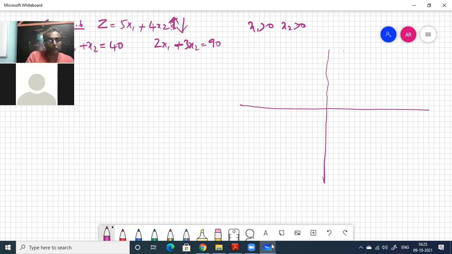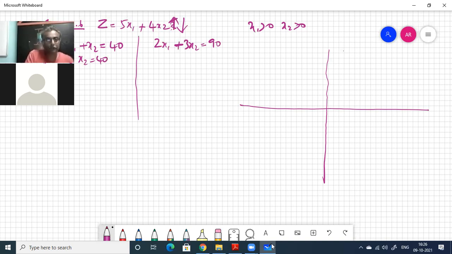This one also. Now what you have to do? You have to solve for this. Put x1 equal to 0 first, and find out x1 and x2. So x1 equal to 0 means x2 is equal to 40. So the first point of this line is 0, 40.